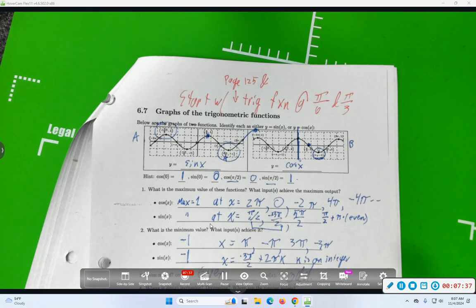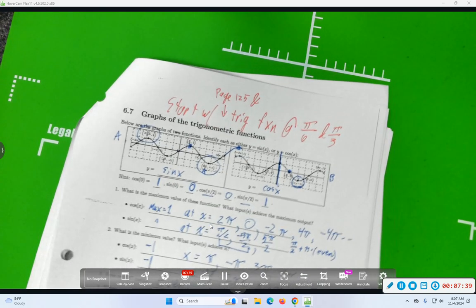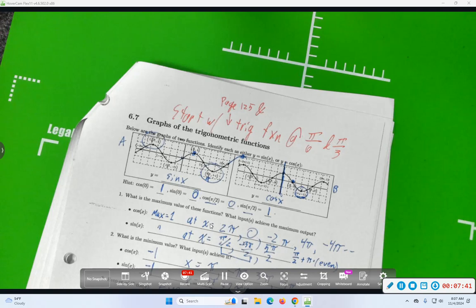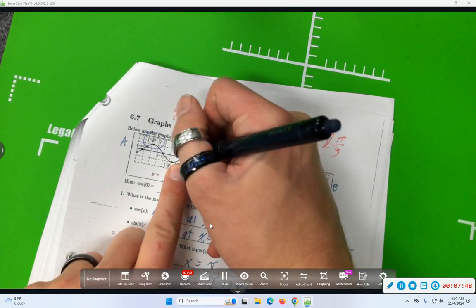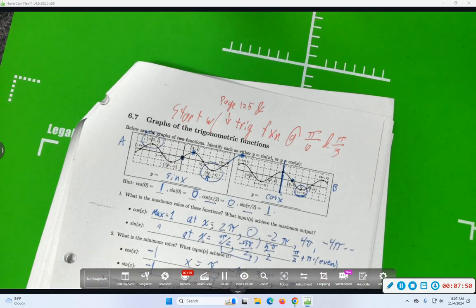Let's try to decide whether trig functions are increasing and decreasing based on that. I think the way to do this is let's just start writing down some intervals. So there's the graph of sine of x. At x equals 0, does it seem to be increasing or decreasing? Cool.